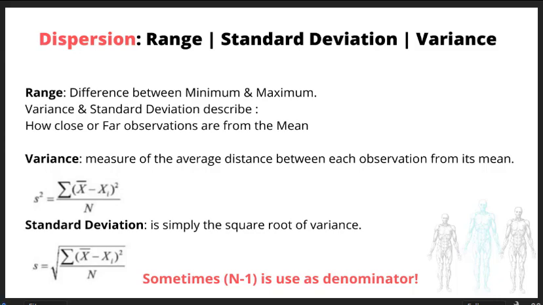The concept here is that n minus 1 is used for deriving the variance or standard deviation of a sample, whereas n is used to calculate the standard deviation of a population. As analytics professionals, the key thing is the interpretation, not the formula. So with this, let's move on to an example of dispersion.